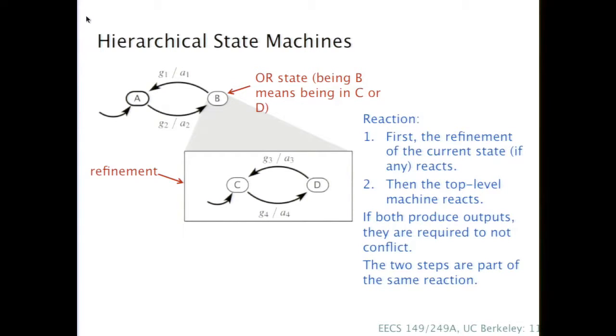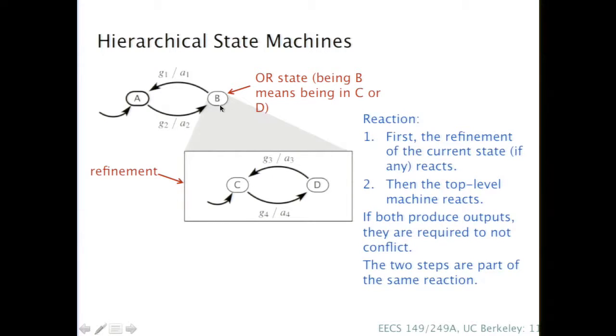All right, so what does it mean to have hierarchy? Well, first of all, we associate with a state potentially a refinement. So in this case, I have a two-state state machine with two states A and B. And B has a refinement which is itself a two-state state machine.